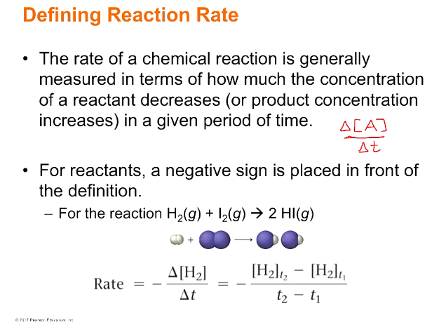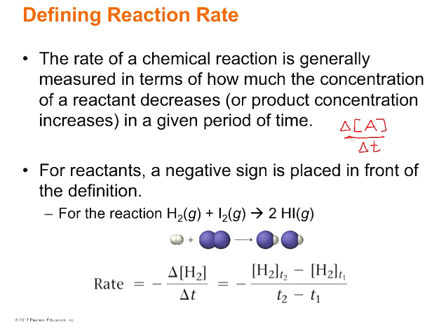Now, for reactants, remember the concentration is going to decrease over time because reactants are being used up. So we're going to place a negative sign in front of the change in reactant concentration, because that symbolizes that we're losing reactant concentration.